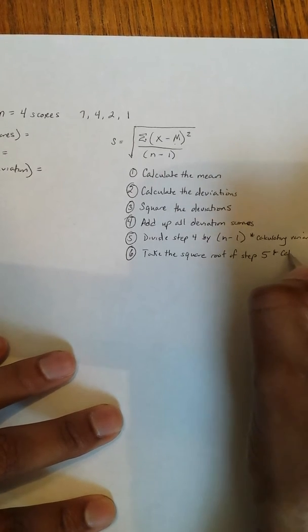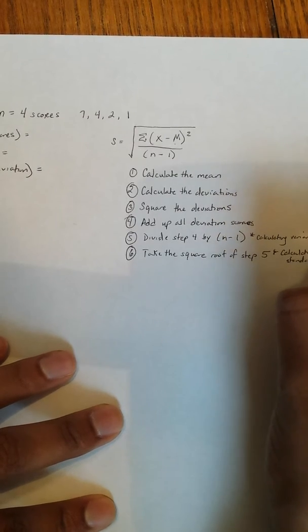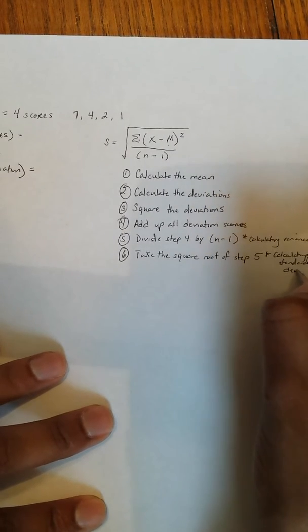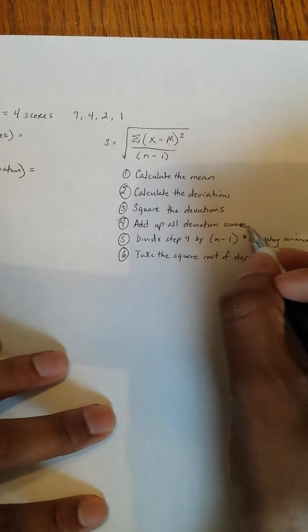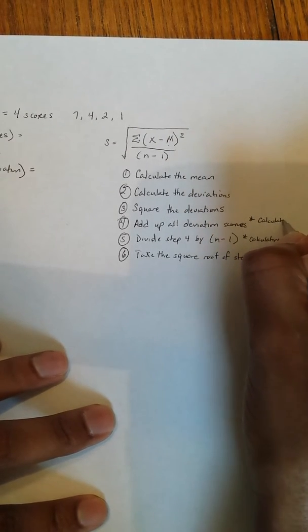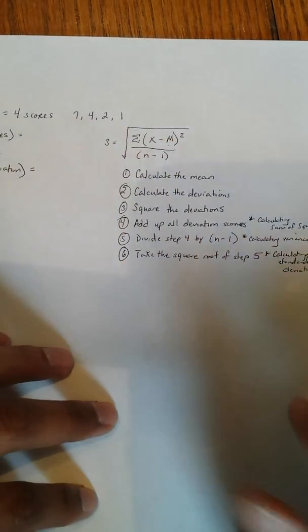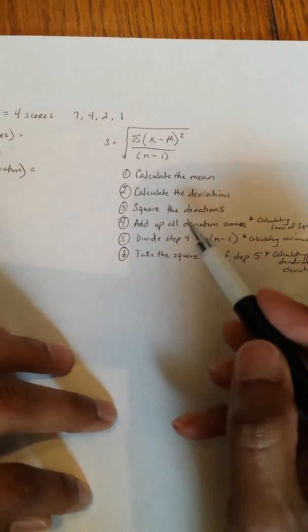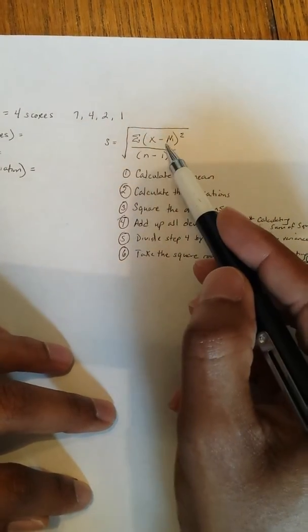Here we're calculating standard deviation. And just to back up to step 4, here we're calculating, you guessed it, sum of squares. Okay. So all of these steps, guys, that I've listed out here, you'll find is up here in this formula.